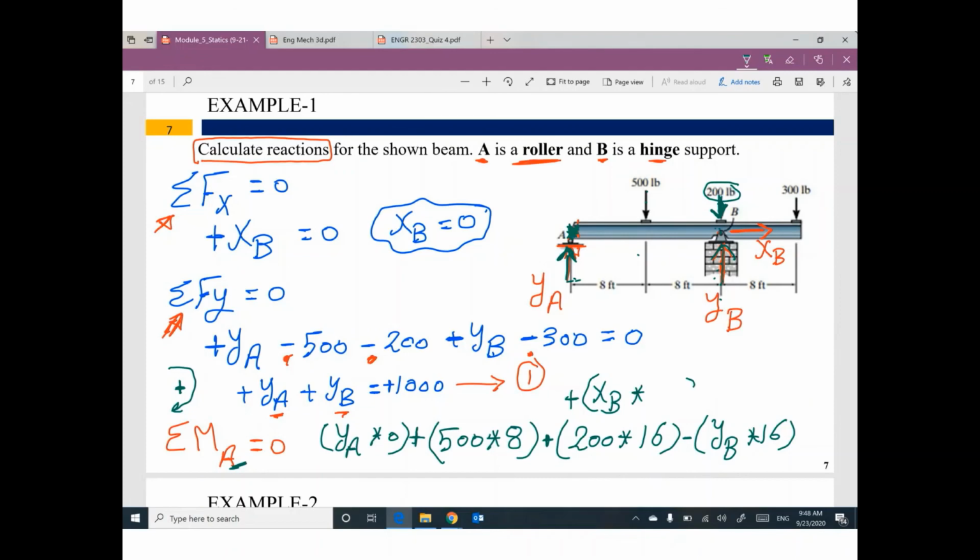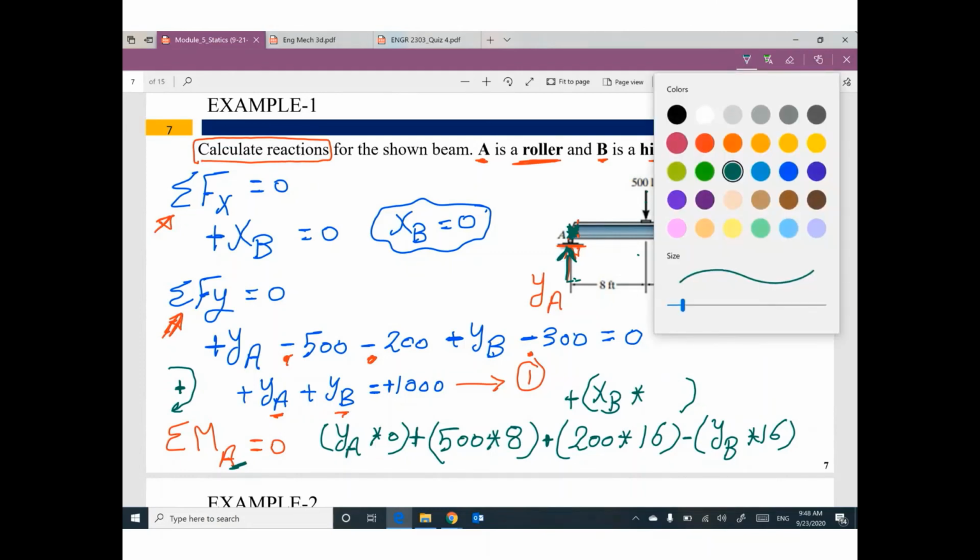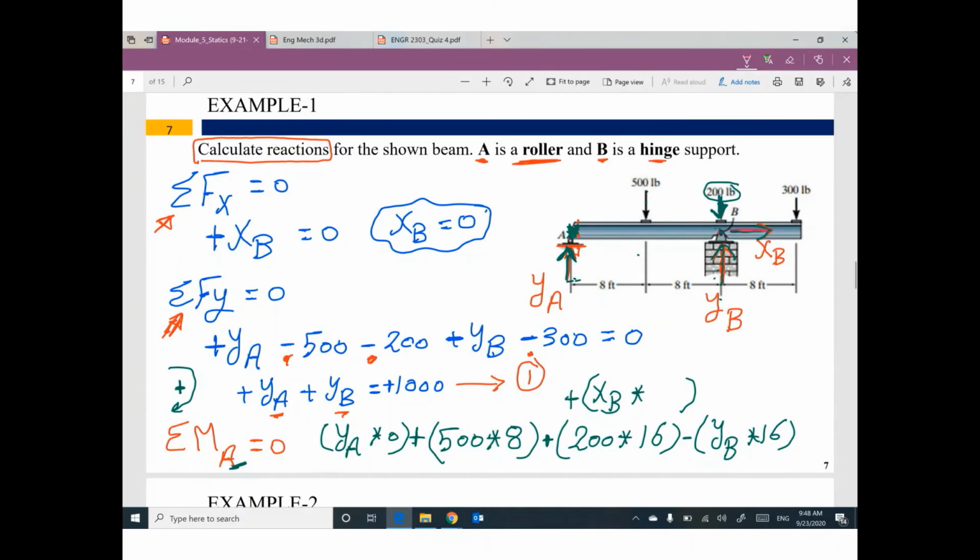Let me ask you a question. What is the distance between XB and point A? What is the distance between XB at this point B and point A? Any answer?